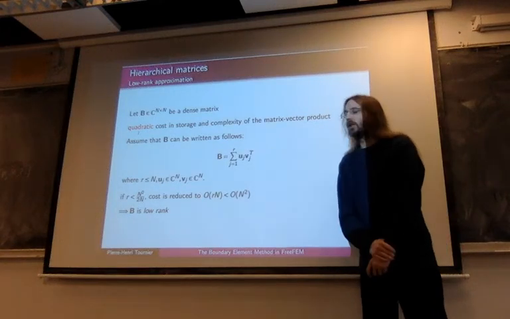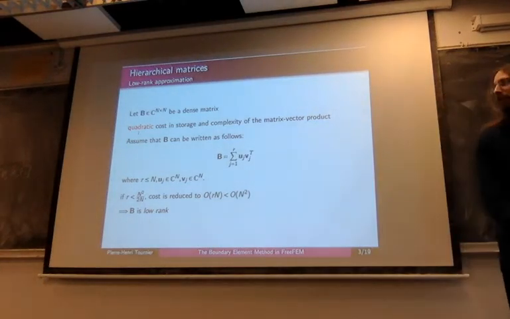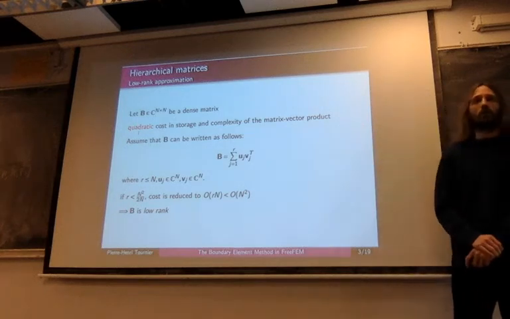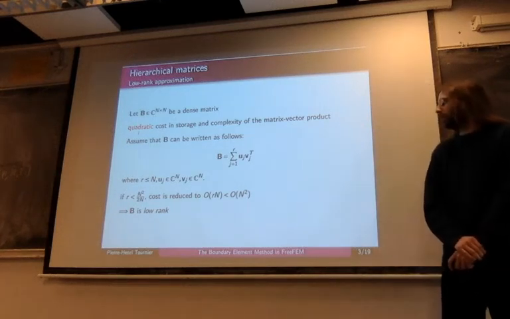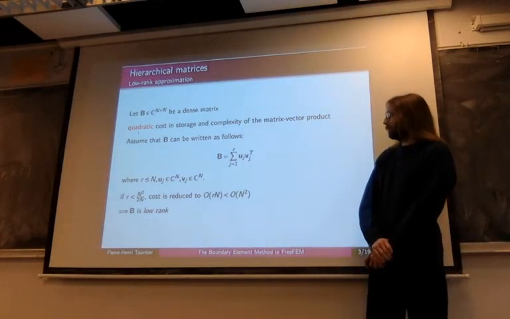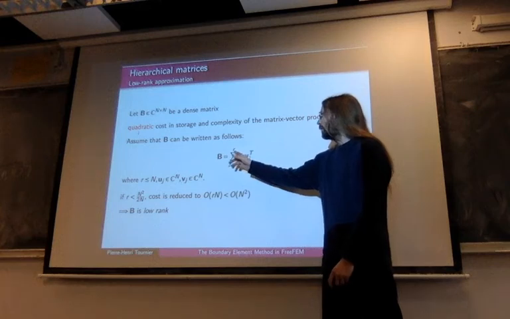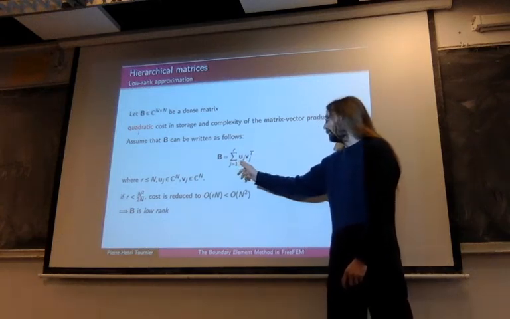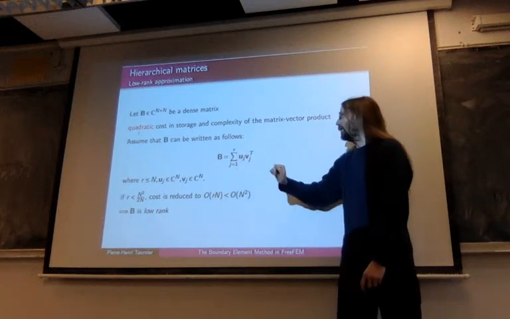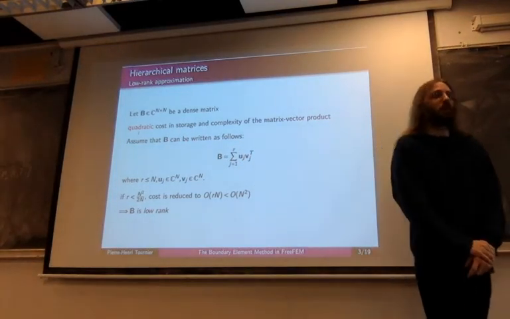So u_j and v_j are vectors of size n. So B is an n by n matrix. This is square for now for simplicity, right? And now if B can be written like that, you can see that the complexity will be R times the size of the two vectors, so R times n times 2, since you have u and v, right?